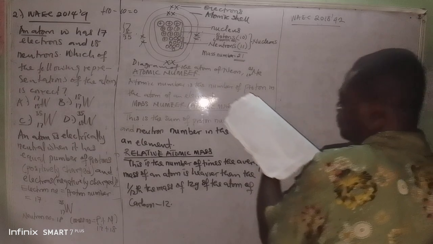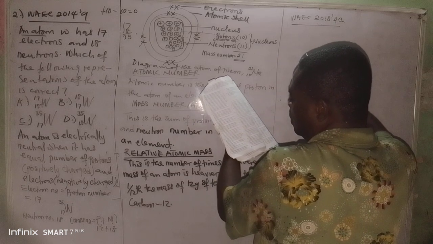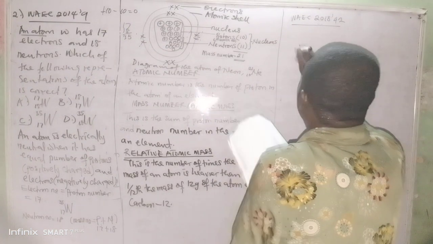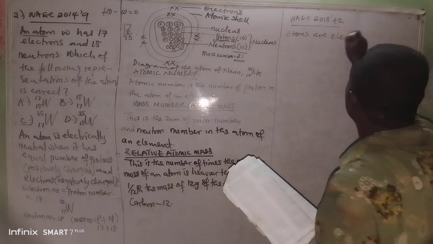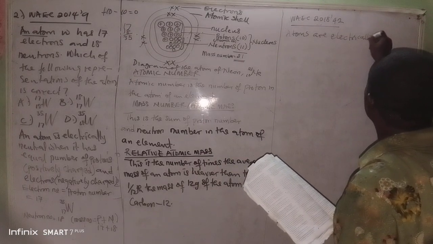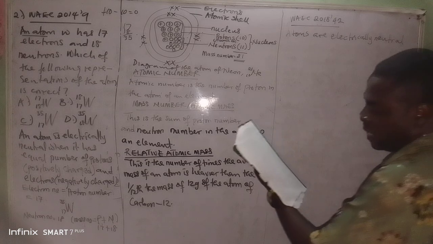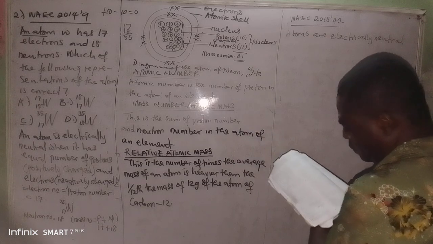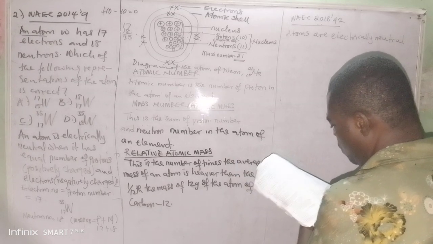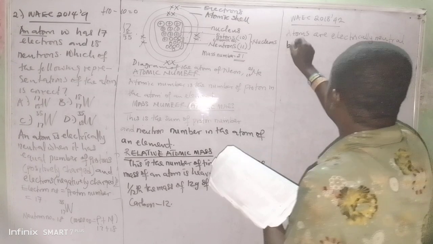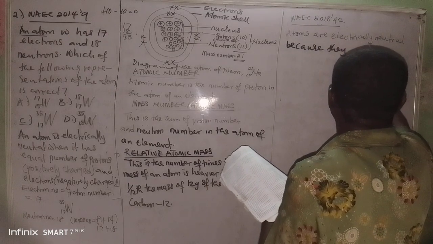They say atoms are electrically neutral because they dash.